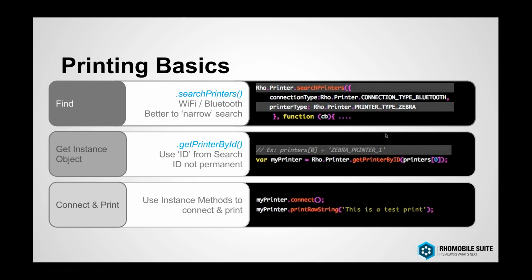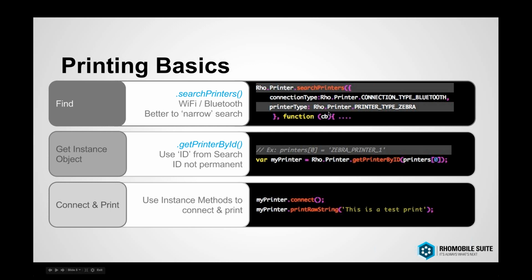Okay, you need to find a printer, because when the printer is found in the callback, there is actually a printer ID that's assigned to the found printer, and this ID is a temporary ID that the Rho application uses. Okay, and this is the ID that you need in the next step to actually create an instance object for that printer. So the search printers is initiated upon success, and we'll show you this in the demo.